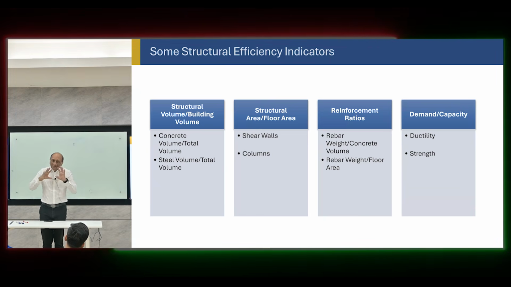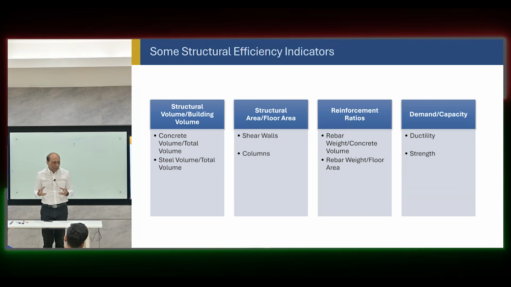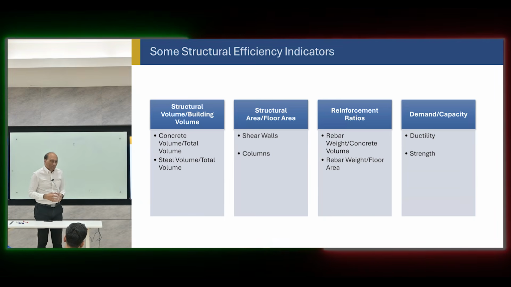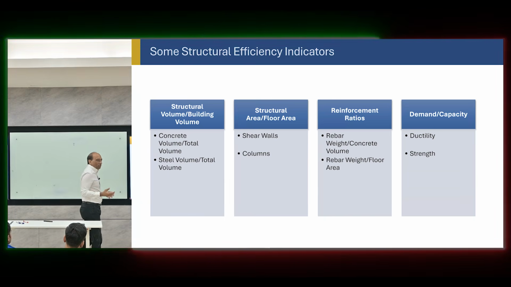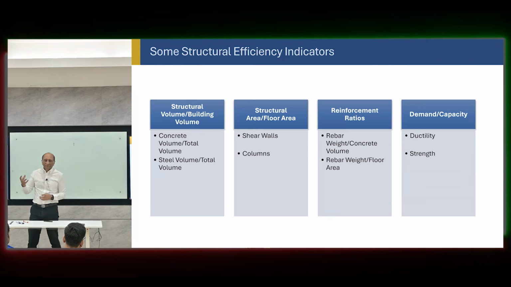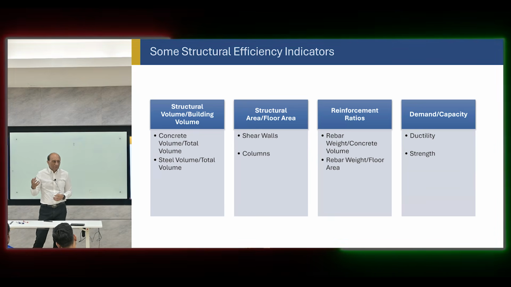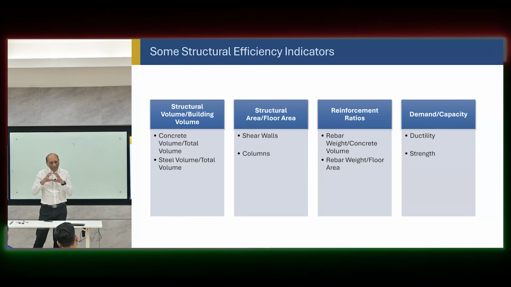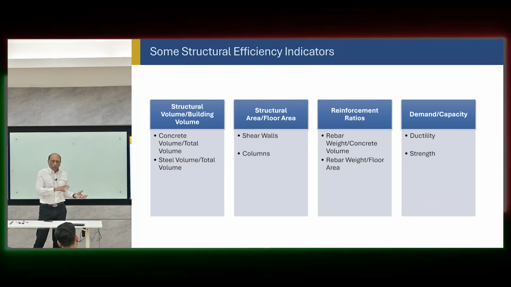So normally a better measure is structural volume versus total volume. How much of the building's volume did the structure consume? So if you consume a lot of volume, that means you ate away the space which is available for living. So one indicator is structural volume divided by total volume.